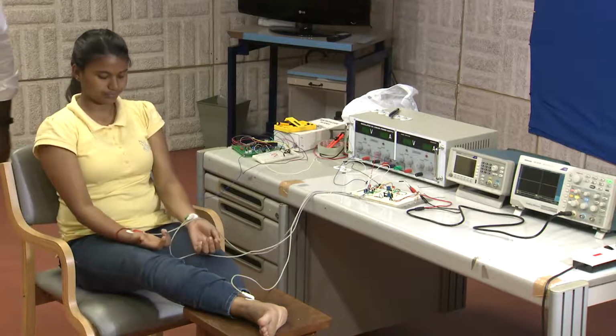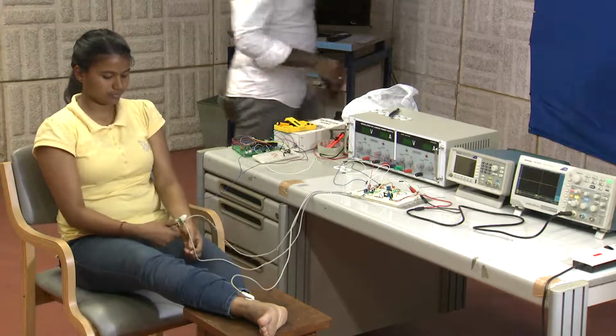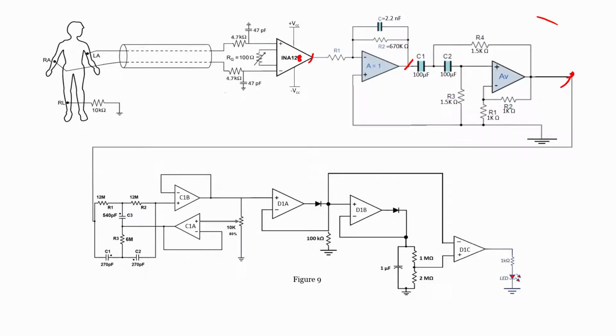I just made the connections in the circuitry too. At this point one we will connect to the positive terminal, right, and the other one connect to the negative terminal.